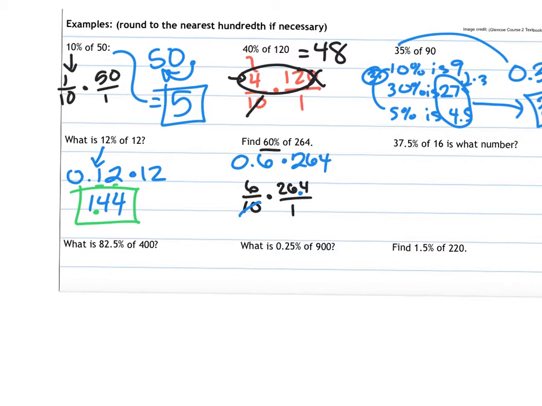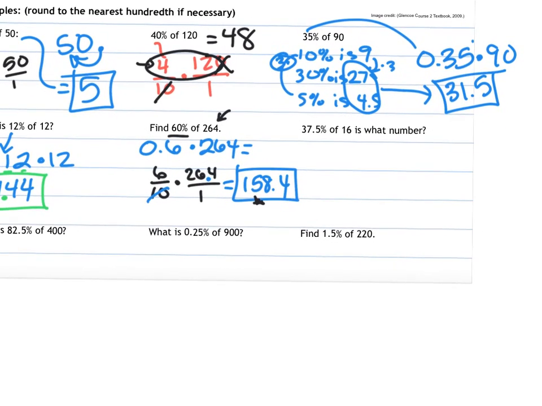So I'm going to use a calculator eventually anyways. So either way I do that, I'm going to end up with 158 4/10. Is it reasonable? Well, I could check by saying, well, 50% or half of this is about 130. 60% is 10% more. That's more than 130. So it seems reasonable based on that.